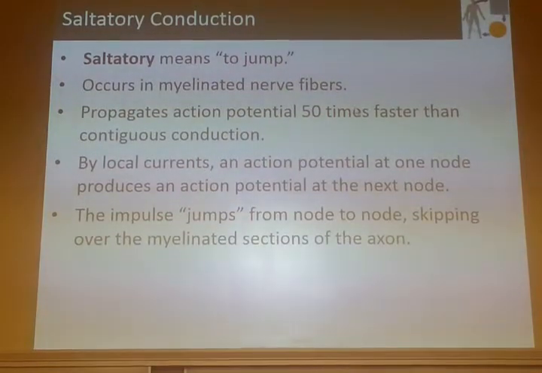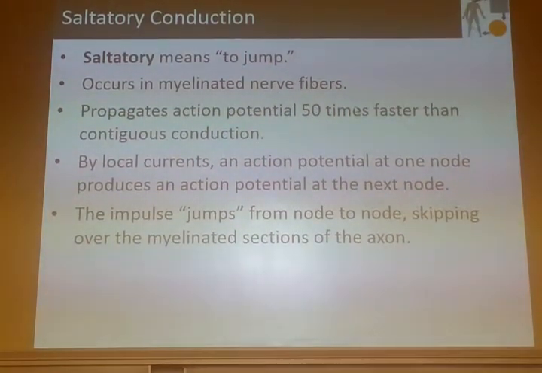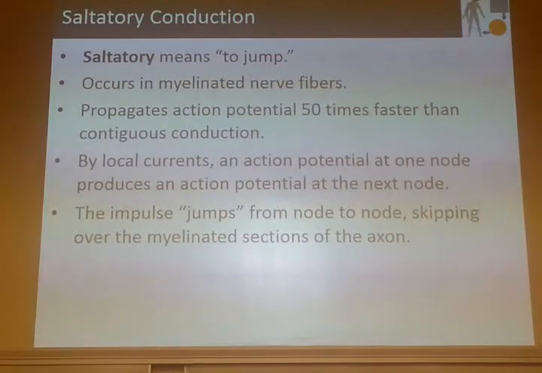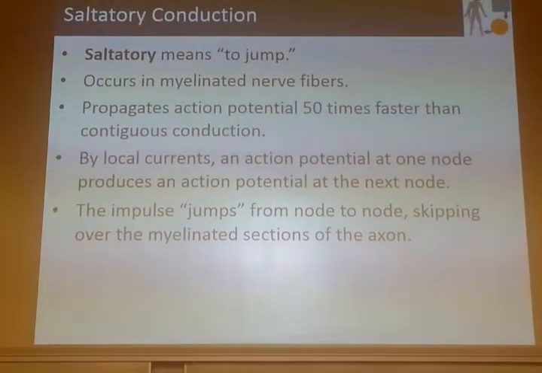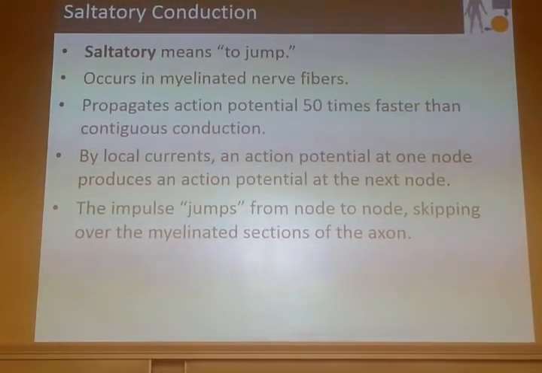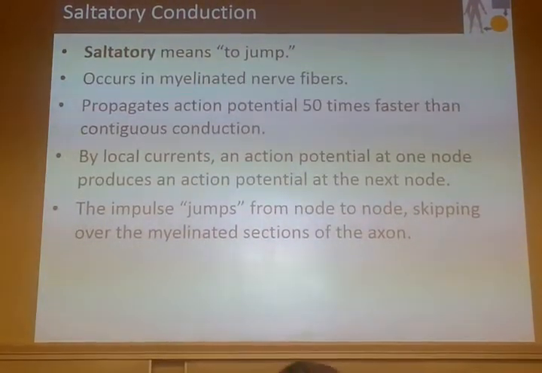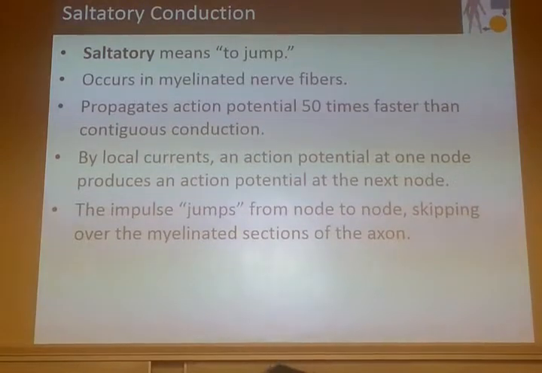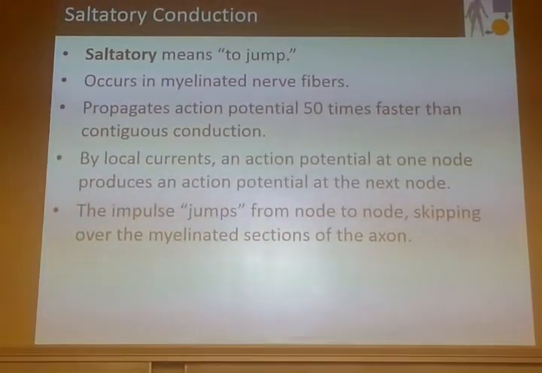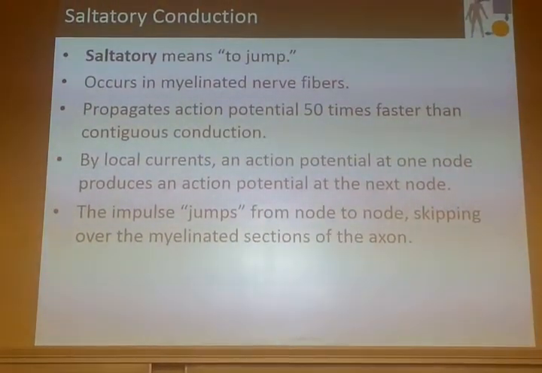The propagation is up to 50 times as fast when you have myelin. The local currents still are created. That's what gets you to threshold. And then once you reach threshold, the action potential is produced.